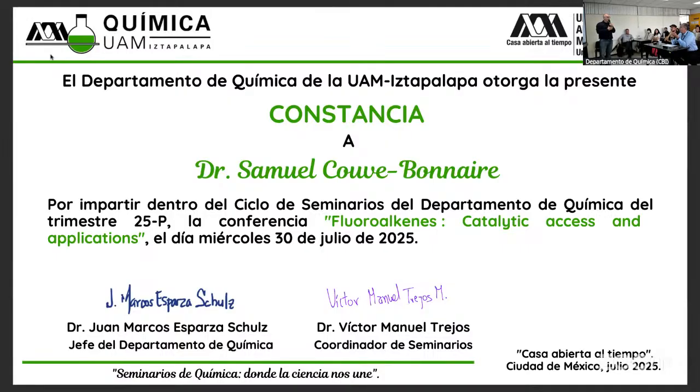For example, when I say a TON of 100, that means 1 mole of catalyst can make 100 cycles. In metathesis reactions, you can have a TON of 1 million, for example. So here with 100 it looks ridiculous, but again, with the fluoroalkene, it's really good. Thank you so much.